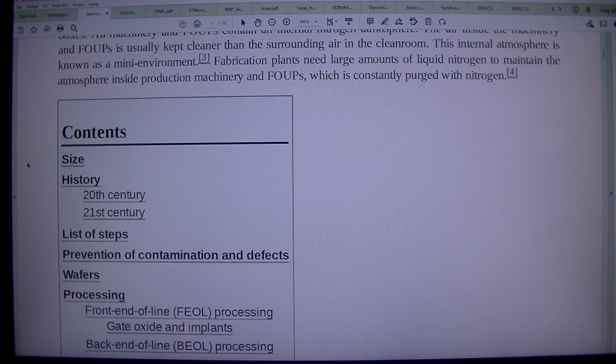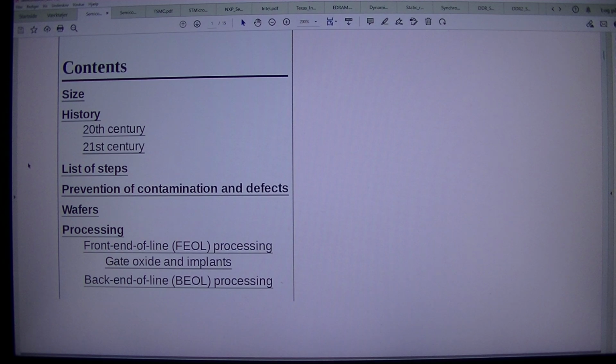Contents. Size. History. 20th century. 21st century. List of steps. Prevention of contamination and defects. Wafers. Processing. Front end of line (FEOL) processing: gate oxide and implants. Back end of line (BEOL) processing.